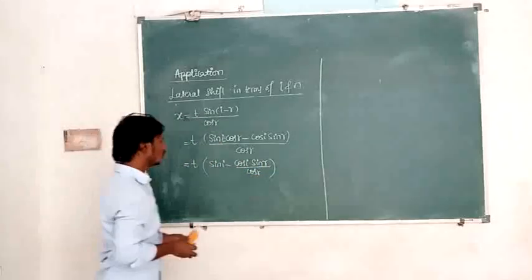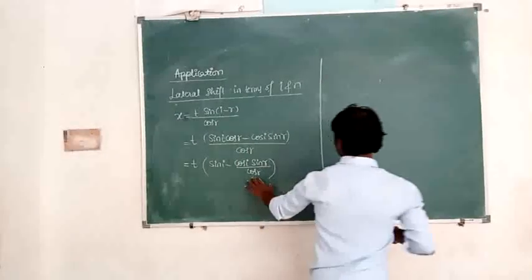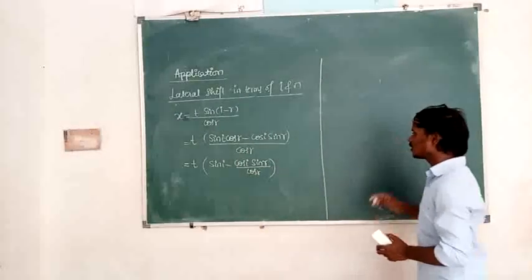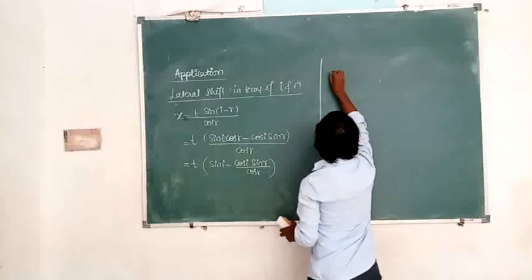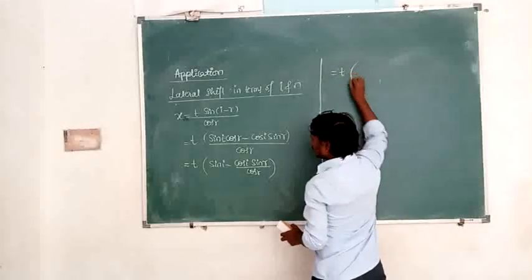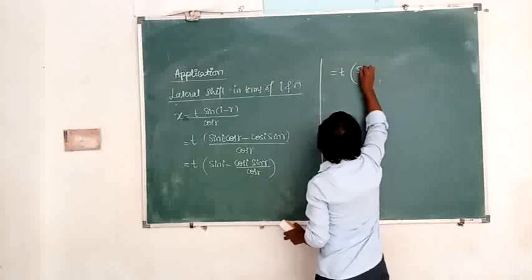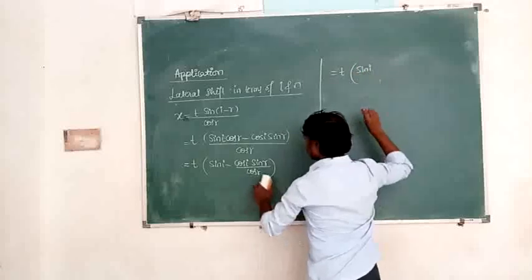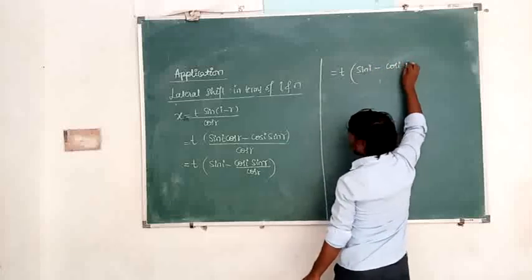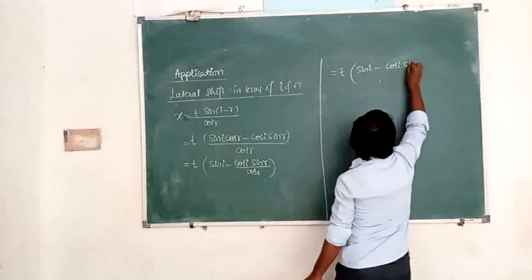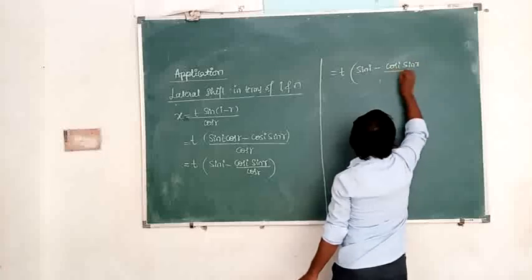So now we are going to express cos r. x is equal to t into (sin i minus cos i into sin r) divided by cos r.